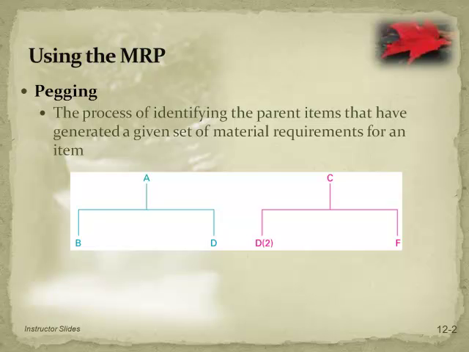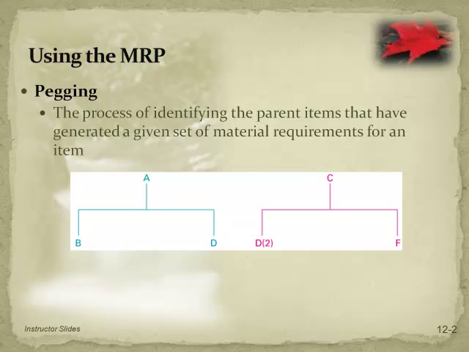And in order to produce 100 C's, I'm going to need 200 D's, since it takes 2 D's to make 1 C. So if I need 200 D's to make the 100 C's and 100 D's to make the 100 A's, I need a total of 300 D's.